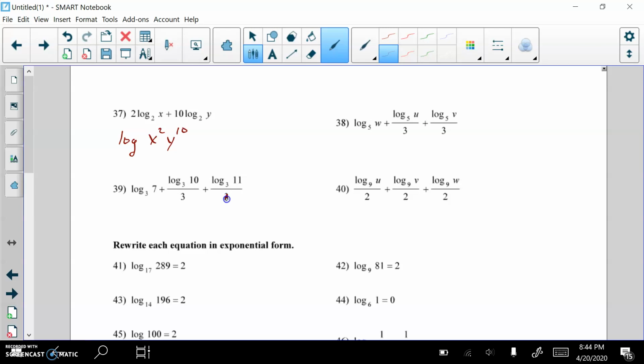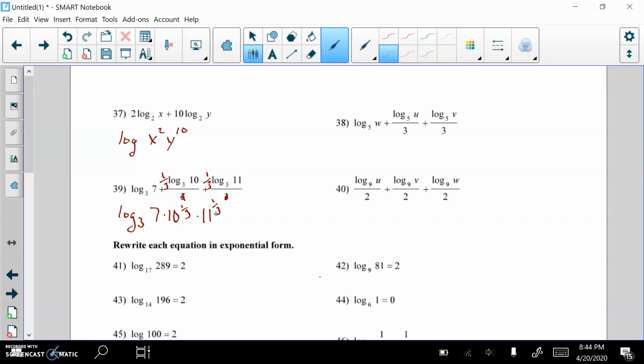Change these to 1/3. These are the questions I was looking at and kind of freaked me out. And then dividing by 3 is the same as multiplying by 1/3. So log base 3, 7 times 10 to the 1/3 times 11 to the 1/3.